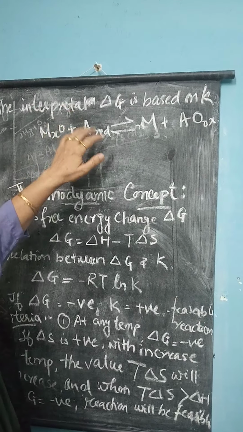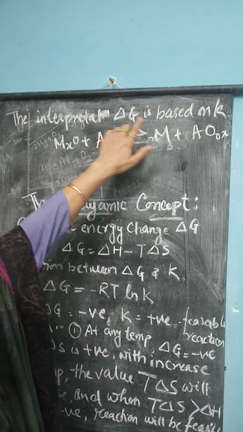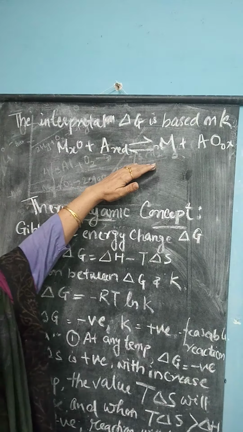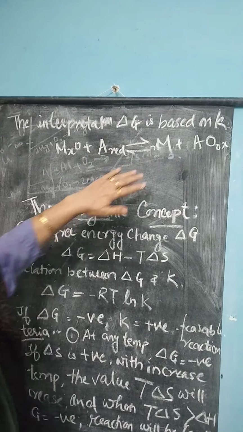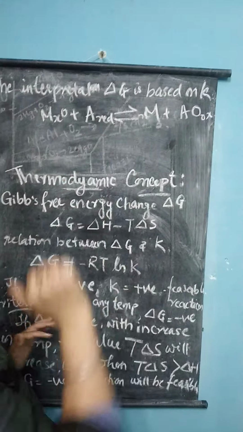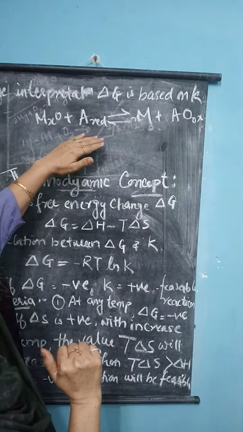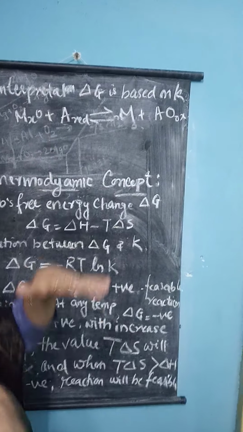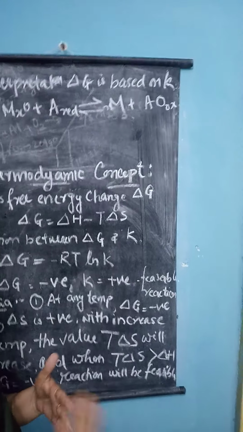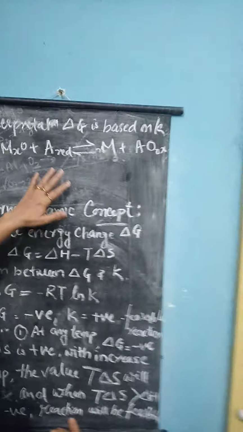Now, this interpretation that ΔG is based on K is not always true, because in this only the solid state has been shown. The gaseous state has been shown, but generally the reaction also involves solids, and so it is not possible.